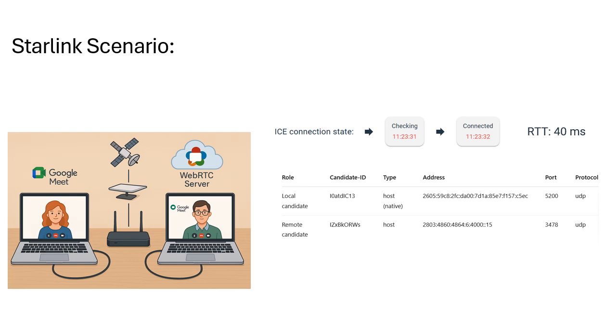The average RTT between this candidate pair is around 40 milliseconds, and you can see the local and remote candidates use IP version 6, the candidate type is host, and they use UDP for the connection.